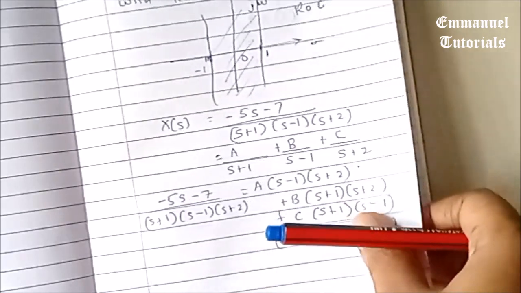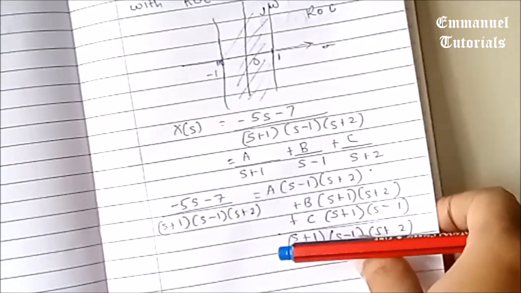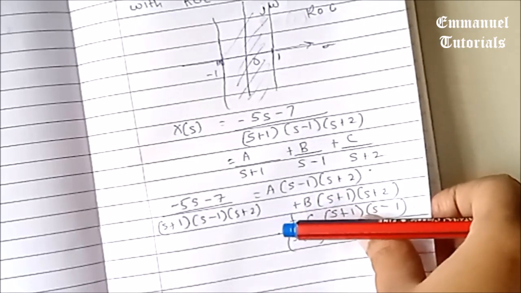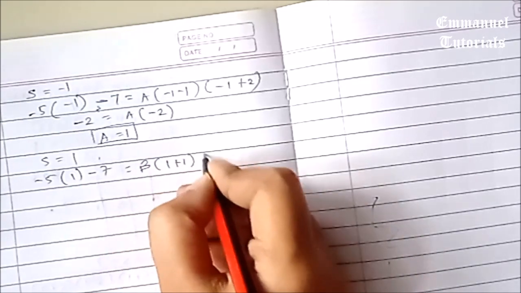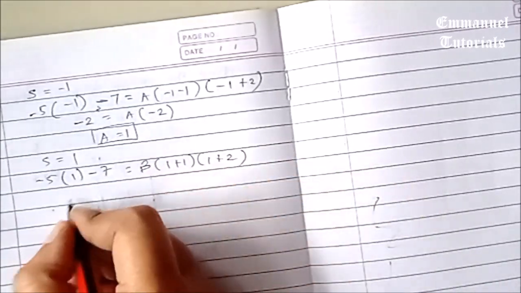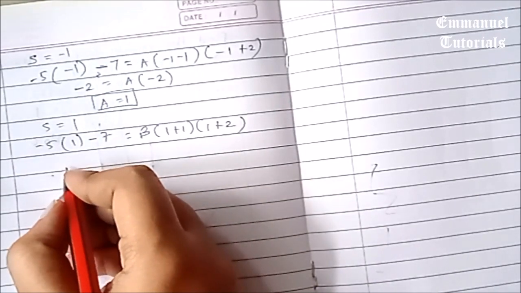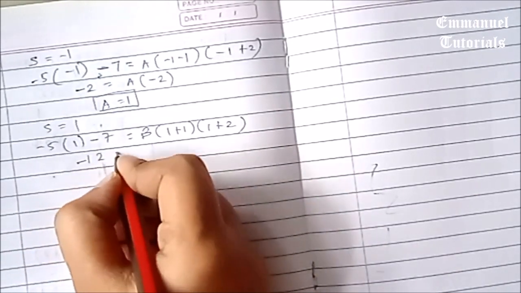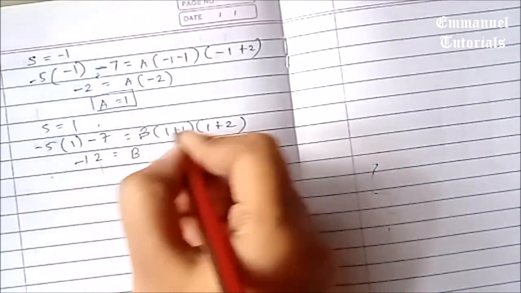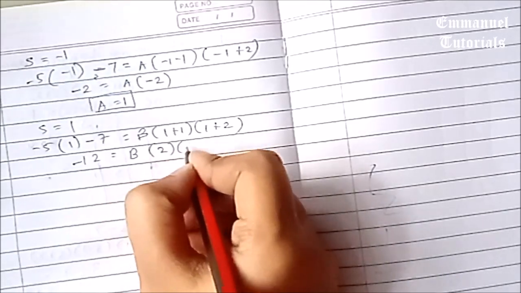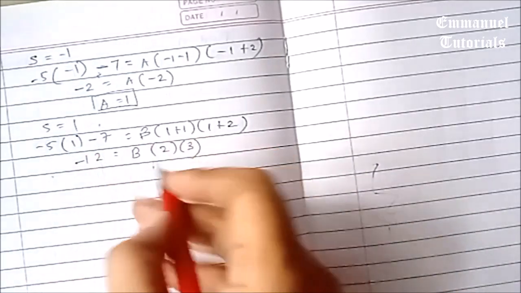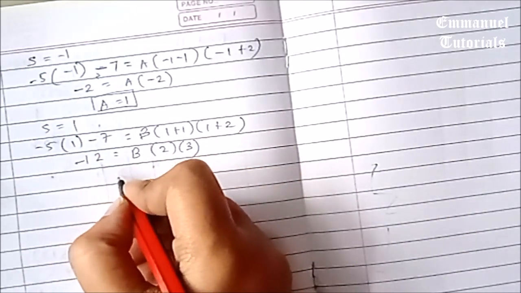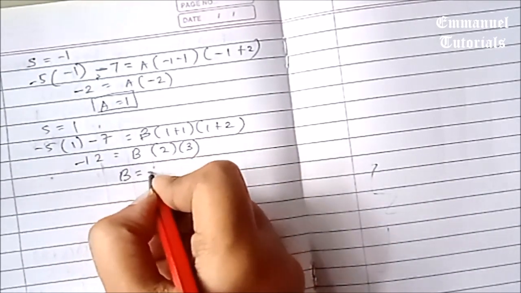So it will be B into 1 plus 1 into 1 plus 2. So this will be minus 5 minus 7 is minus 12 is equal to B into 2 into 3, and 2 into 3 is 6. So B will be minus 12 by 6, which is minus 3.